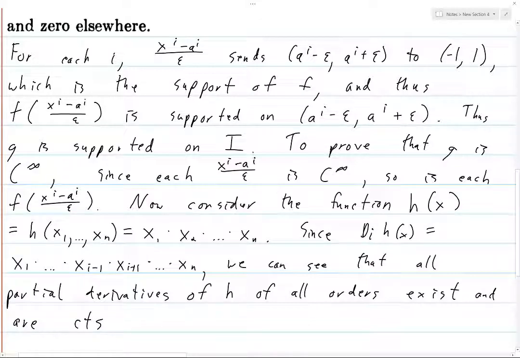Here's what I'm going to write now. Theorem 2.8 may be necessary.